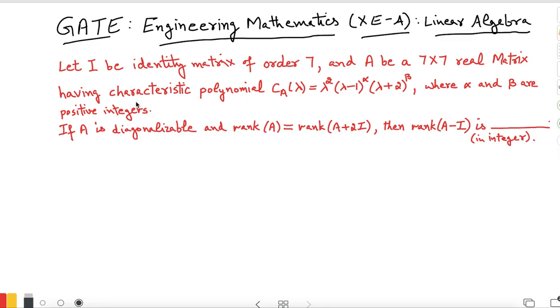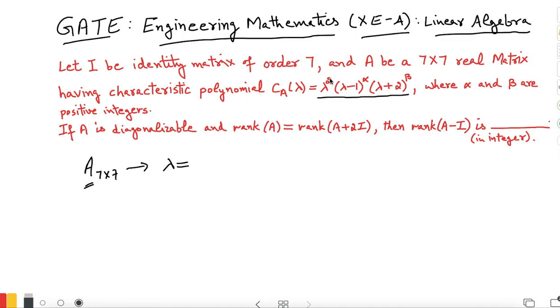Okay, so we are working with a 7 by 7 matrix. So A is a 7 by 7 matrix. So clearly you will have 7 eigenvalues for lambda for this matrix A, and eigenvalues will be obtained from here by putting it equal to 0.